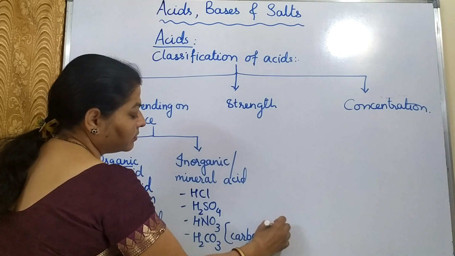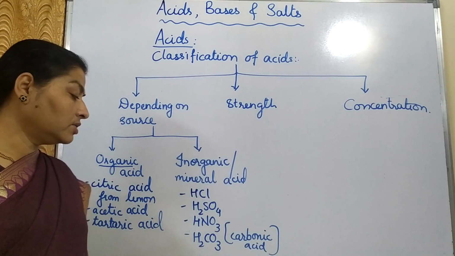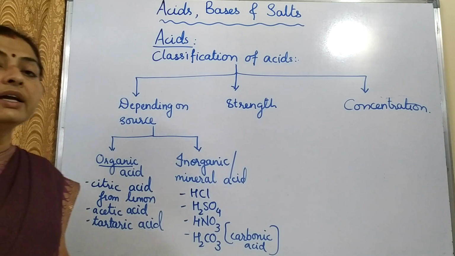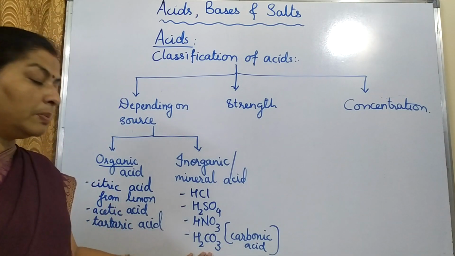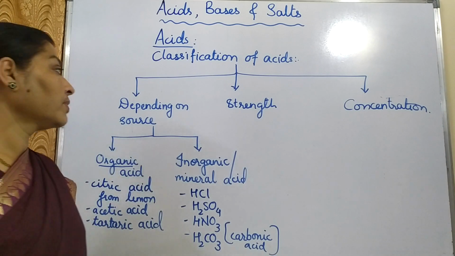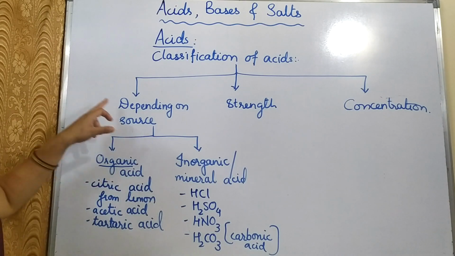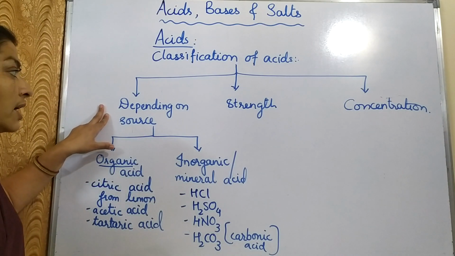Children, when CO2 gas is passed through water, it gives carbonic acid. You should remember this name. So it is also an inorganic or mineral acid. So there are two types of acids, organic acid and inorganic acid, depending on the source from which they are obtained.